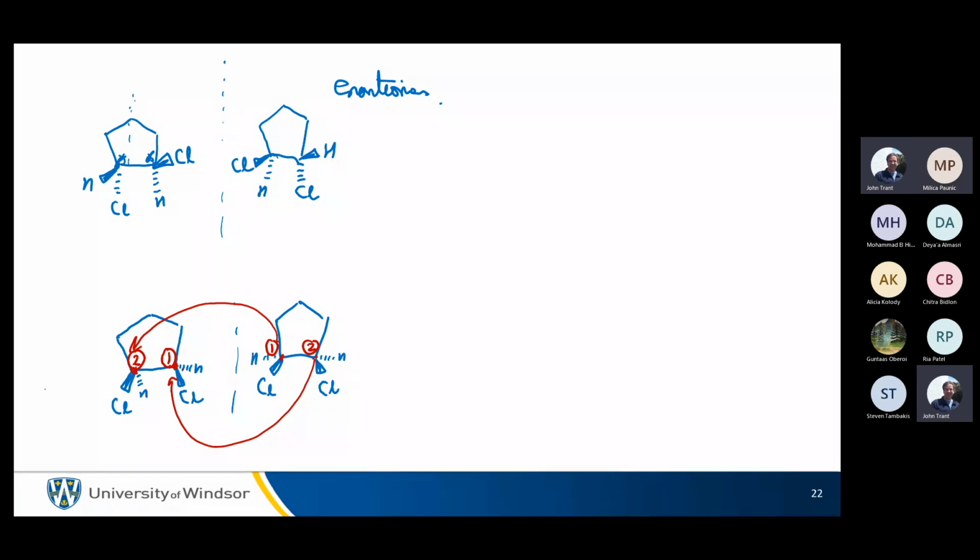So as soon as I mess with that in any way, I stick a methyl group over here, I've messed with it, right? Now this is carbon 3, and now suddenly I can't do it because I can put 1 on 2, 2 on 1, but then 3 isn't on 3. Yeah, and there's always one off.